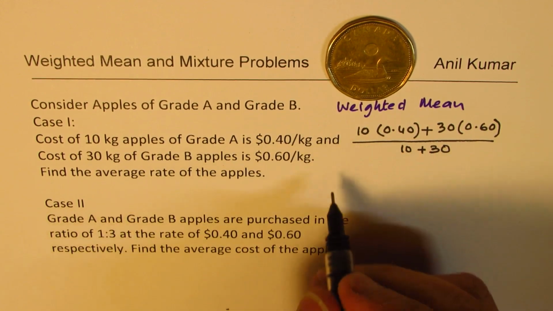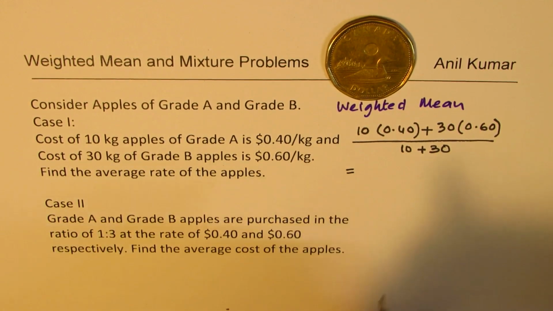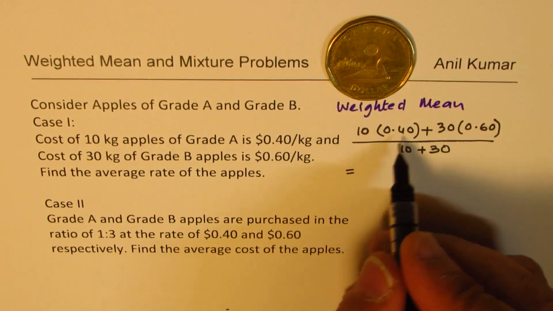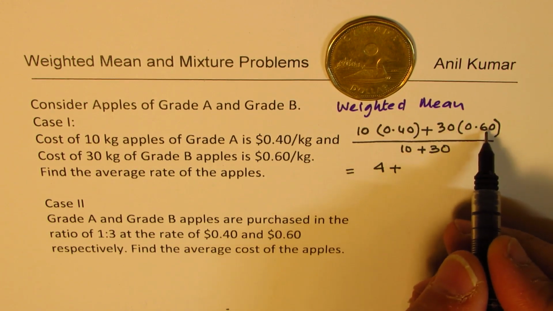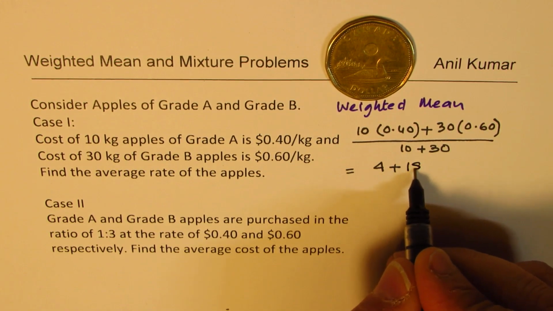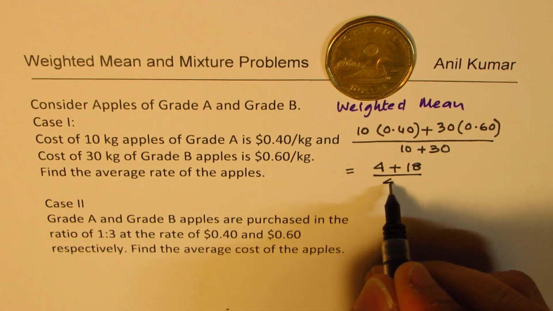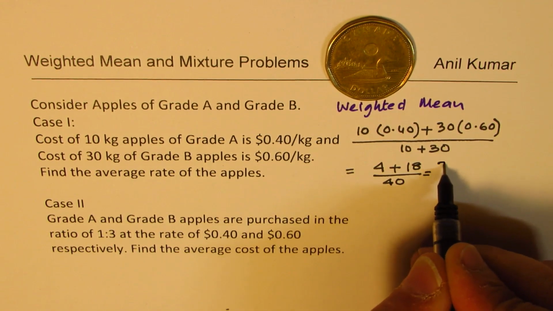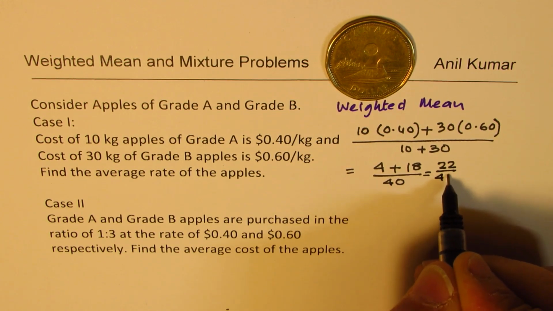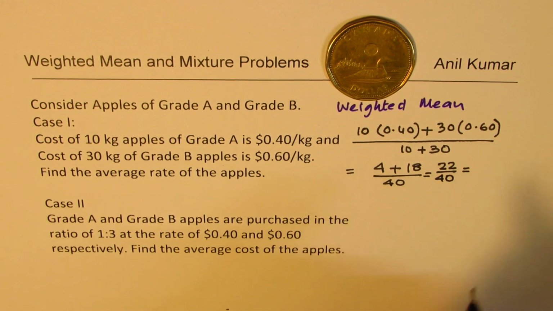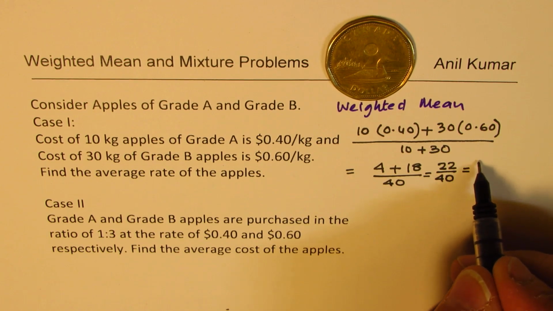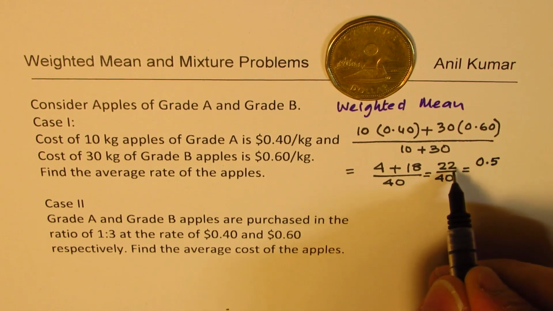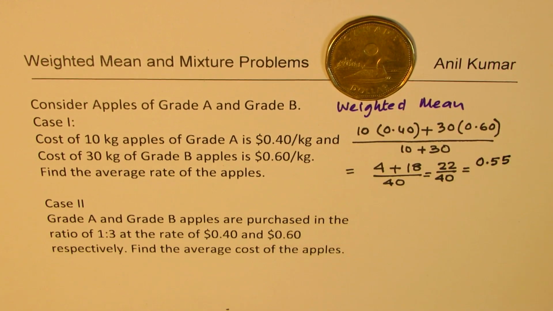Now you can always calculate this answer, and that gives you 10 times 0.4 means 4, plus 30 times 0.6, so that removes 1 zero. You get 6 times 3 as 18, divided by 40. That is to say 22 over 40. Now when you divide 22 by 40, you can think about putting a decimal here, and 4 goes 5 times, so it is 0.5, 20, and then again 20, so 0.55.